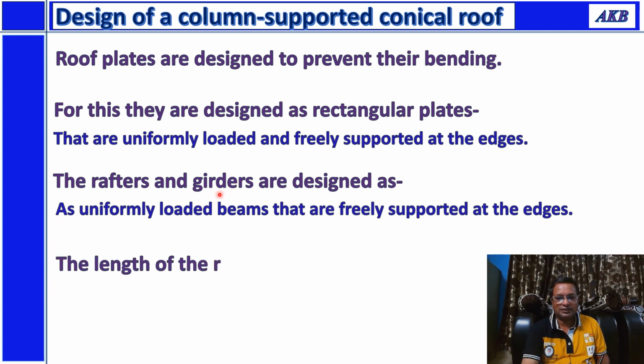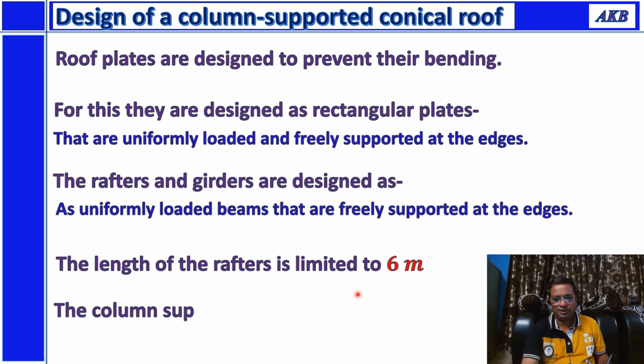So all techniques associated with uniformly loaded beams that are freely supported at the edges will have to be used for designing rafters and girders. The length of the rafter is limited to 6 meters. So you cannot have a rafter length greater than 6 meters.